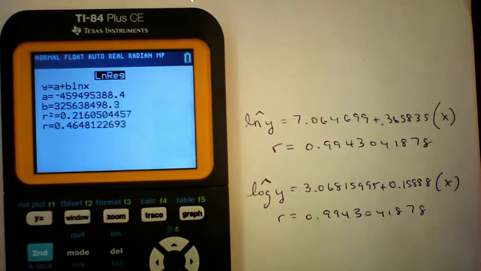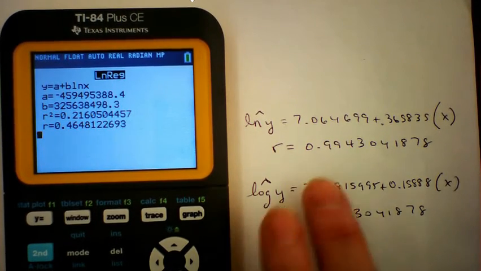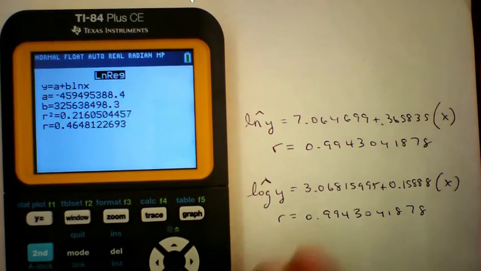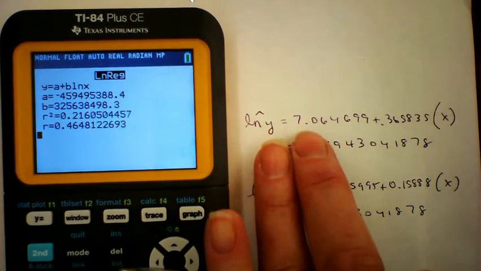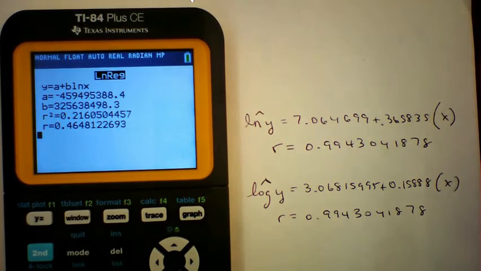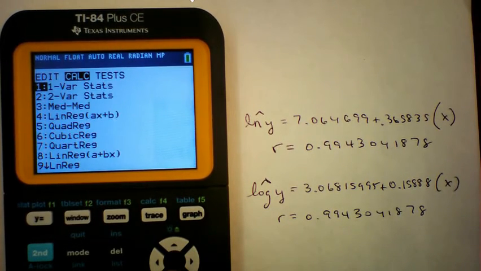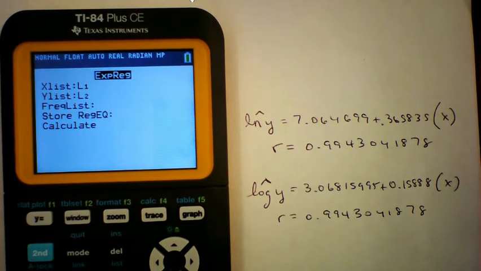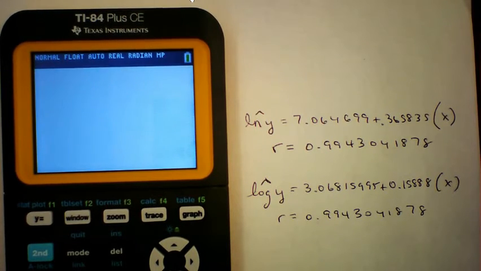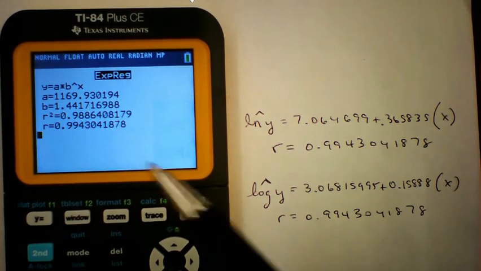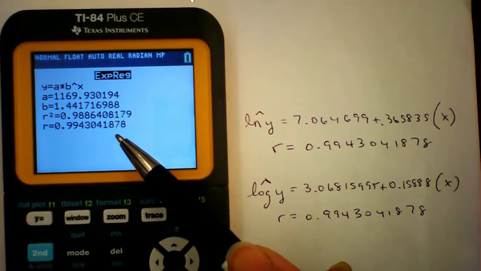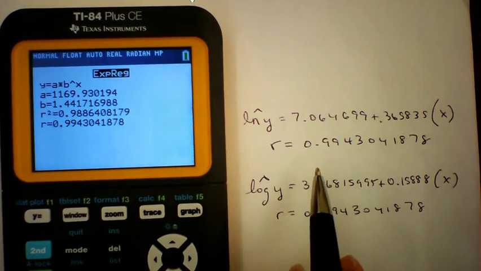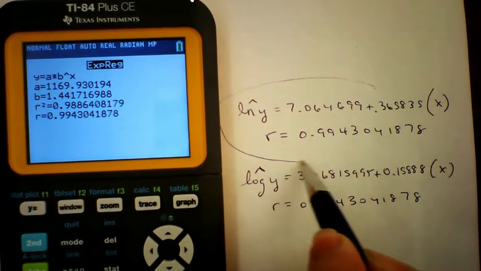But I can actually get the transformed version of this equation right here, where I've taken the base e on both sides. Stat, calc, so it wasn't the natural log regression, but if I do exponential regression on my L1 and L2, you can see that that gives me the same R value, but it changes the format of how this equation right here was written.